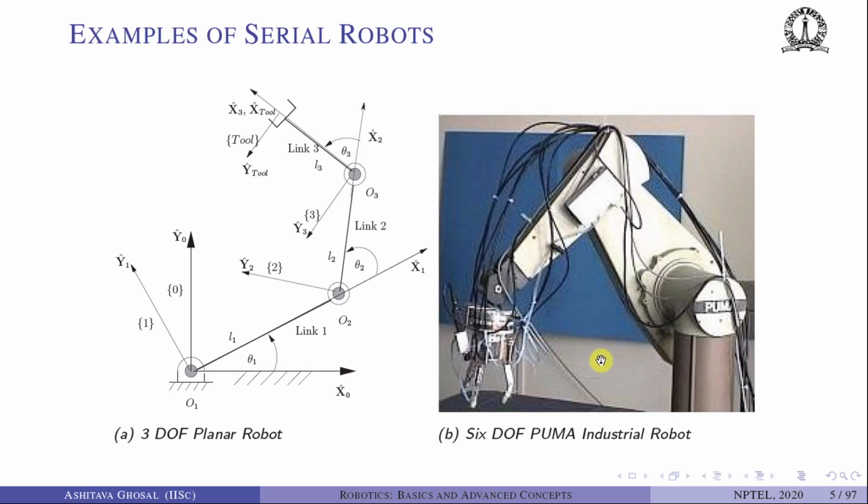So it has 6 joints, and the end effector, which is shown here, can move in 3D space. All these wires show how maybe some sensors are attached to the PUMA robot, or it is taking some information from the sensors, or it is powering some motors or some other actuators.